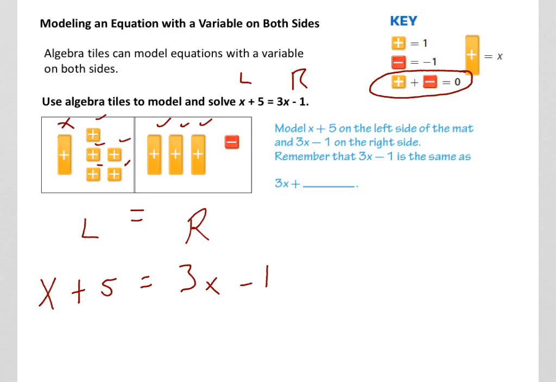So if I'm modeling x plus 5 on the left side of the mat and 3x minus 1 on the right side, then I also have to remember that this 3x minus 1 is the same thing as 3x plus a negative 1. That's the rules of real numbers, or rules of integers, that we've learned. So we must be cognizant of that.